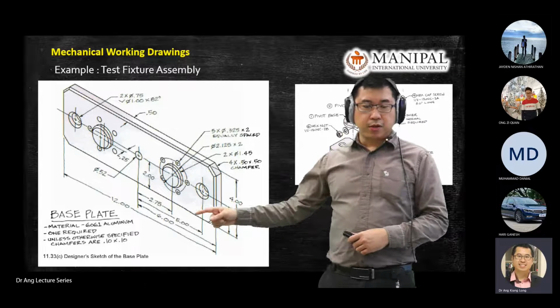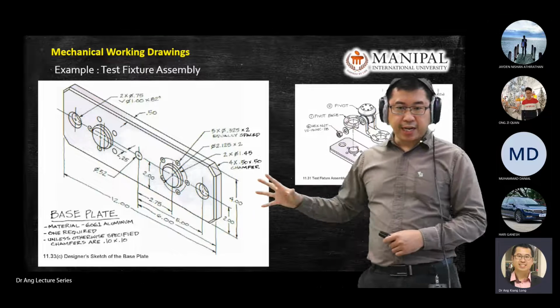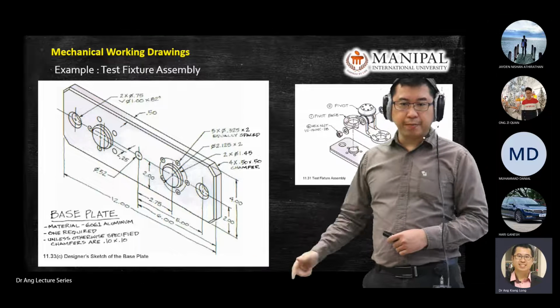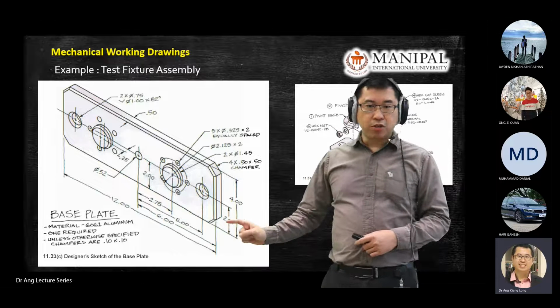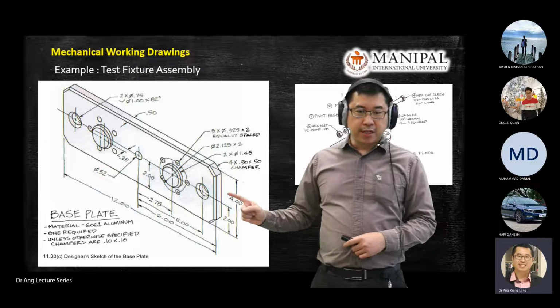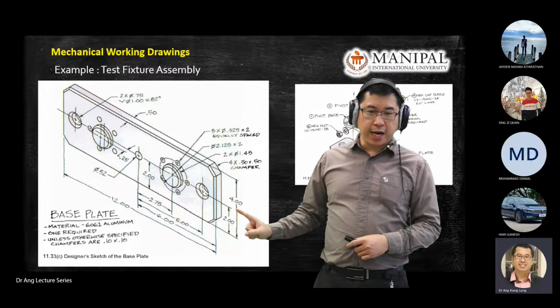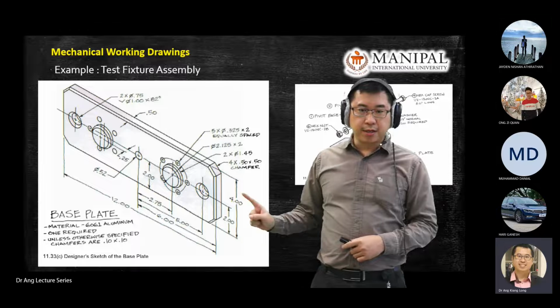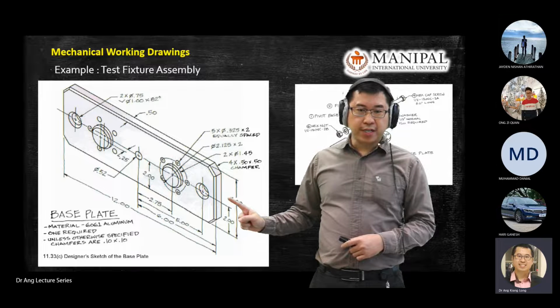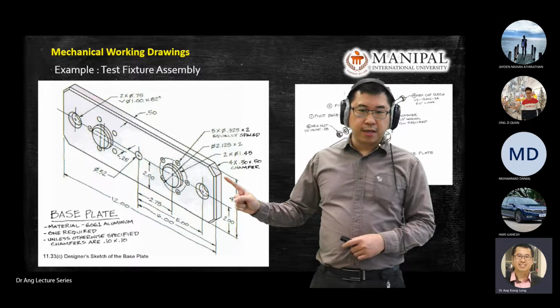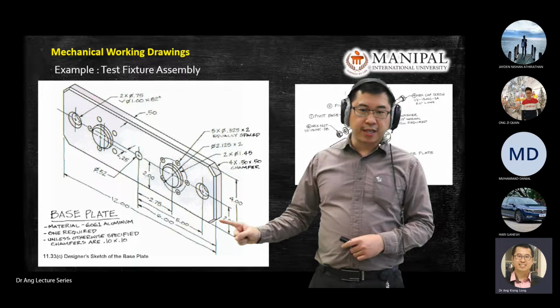And when you give dimensions, again, have a very clean drawing. What do I mean by clean drawing? I've seen students, for example, with this 4 mm diameter, try to drag this 4 mm and intersect with this line.